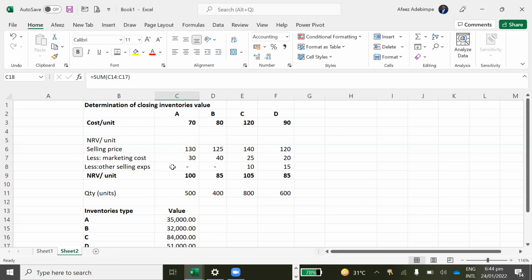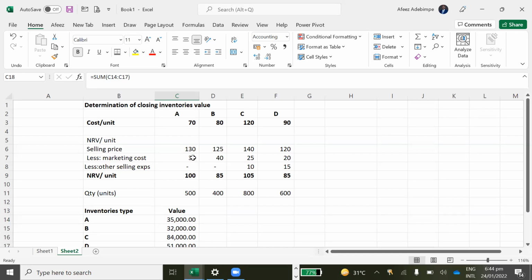So we have the selling price to be 120 for A, 105 for B, 140 for C, and 120 for D. Now we have other costs that will be incurred in order to sell those items. Don't forget, we call them costs to sell. In arriving at your NRV, you will take out cost to sell from your actual selling price or your actual fair value.